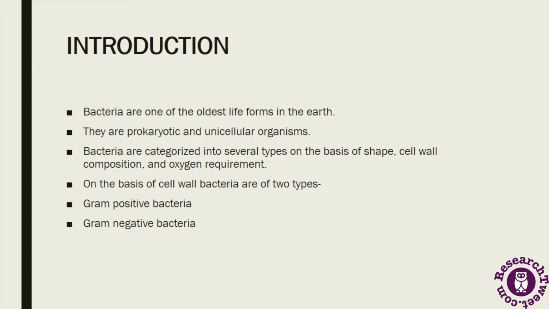According to cell wall composition, they are divided into two types: gram-positive bacteria and gram-negative bacteria. In this video lecture, we will discuss gram-negative bacteria, their cell wall composition and their various effects in humans and other higher animals.